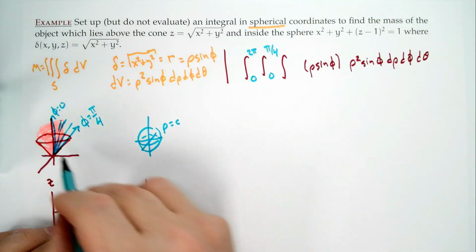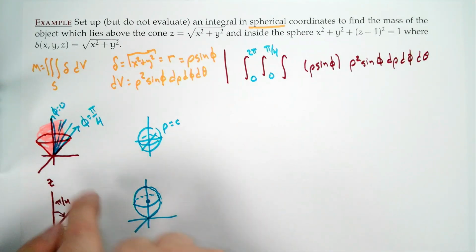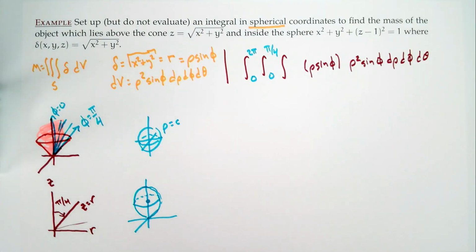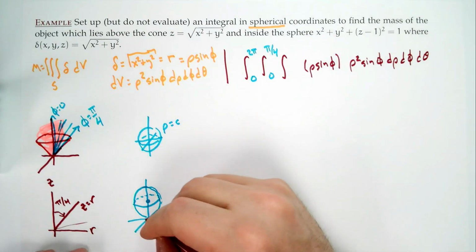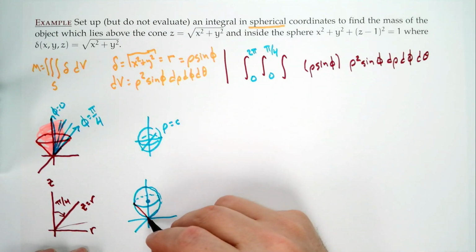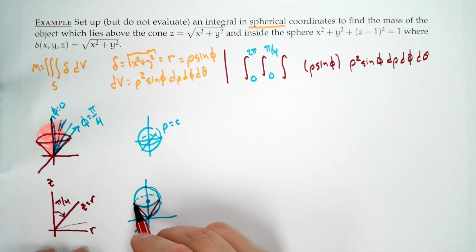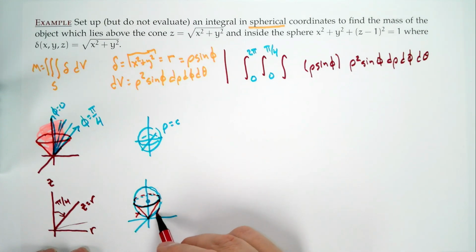If we were to cross our eyes and meld these two pictures together, what you would see is that the cone would be coming up and just touching the sphere, intersecting with the sphere at the equator. So we're really cutting those parts of the sphere off. So our real shape is the following.